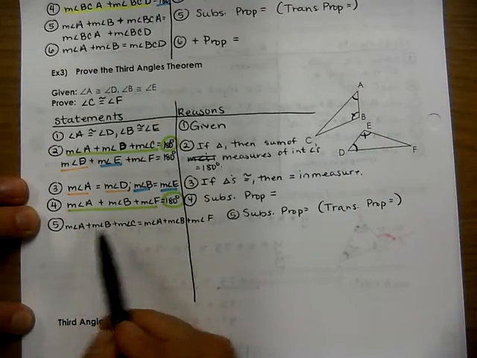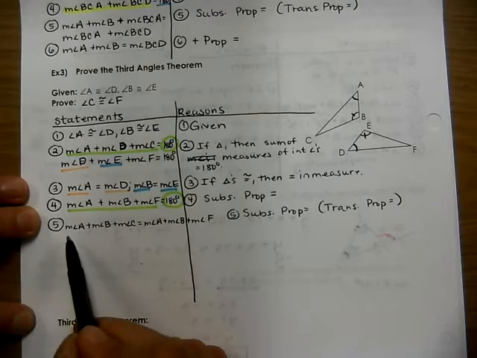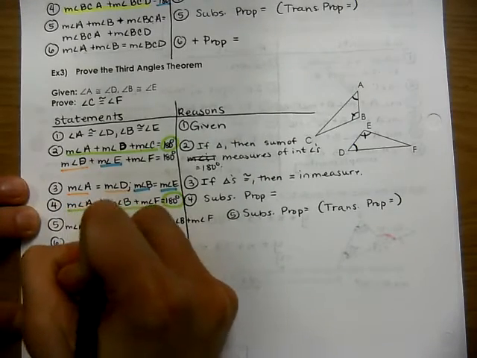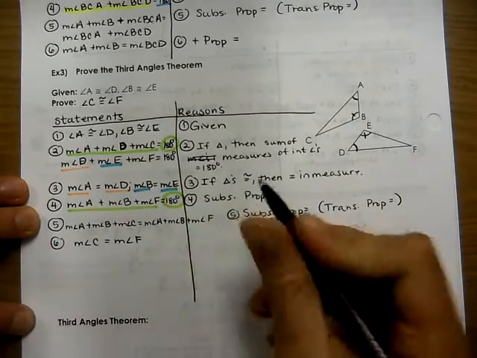And now we see that I have measure of angle A on both sides and B on both sides. So if I add the opposite of A and the opposite of B, I will get measure of angle C equals measure of angle F.